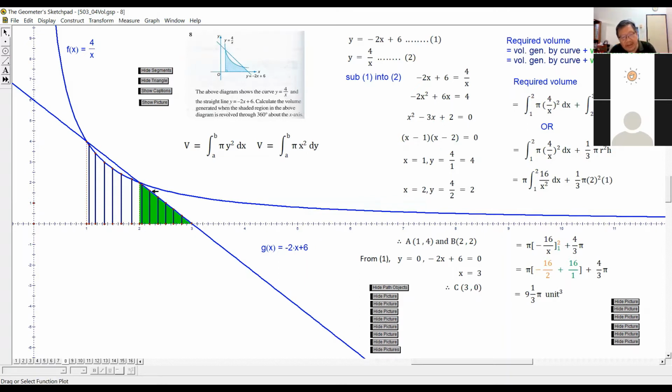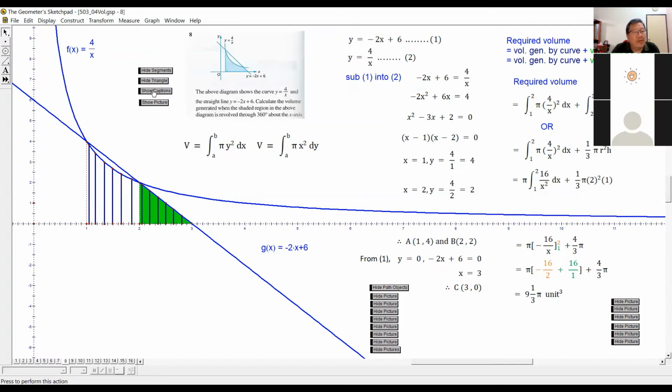Of course, you can integrate the straight line, but I'm not going to, because I know that when you revolve this straight line 360 degrees, you actually get a cone, right? So I'm going to use the formula for the cone to find this part. I'm not going to integrate, okay? So only this part I'm going to integrate.